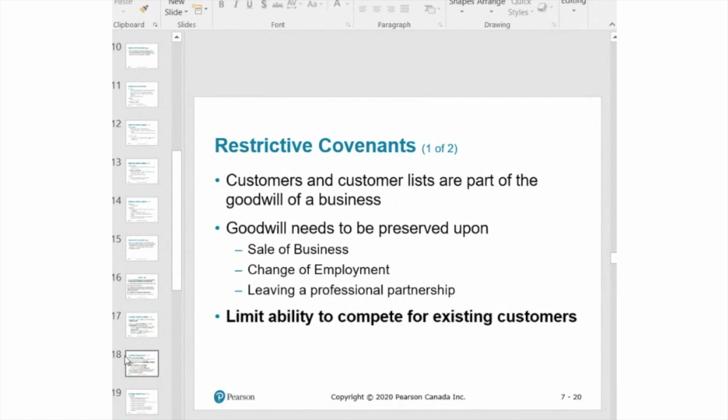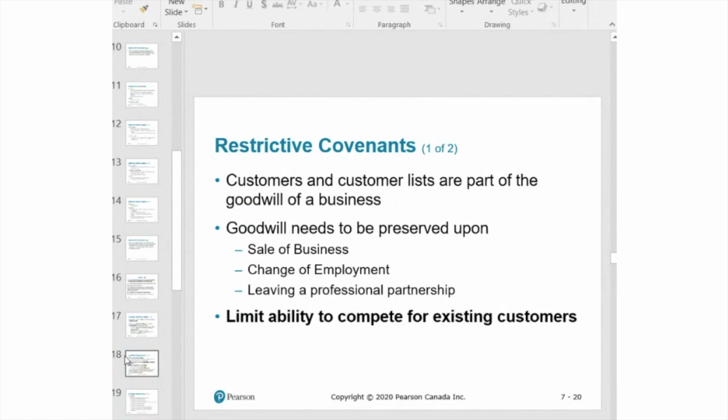Well, let's say I am purchasing a new business. I'm purchasing a pet shop that exists for 10 years now, 5 years, and I'm purchasing this pet shop. As a buyer, I don't want the seller to start a new pet shop just next door.